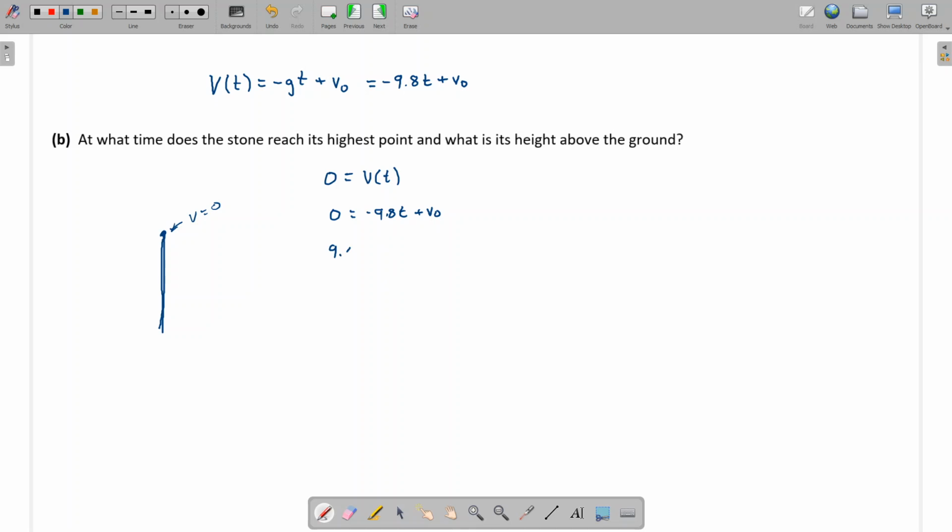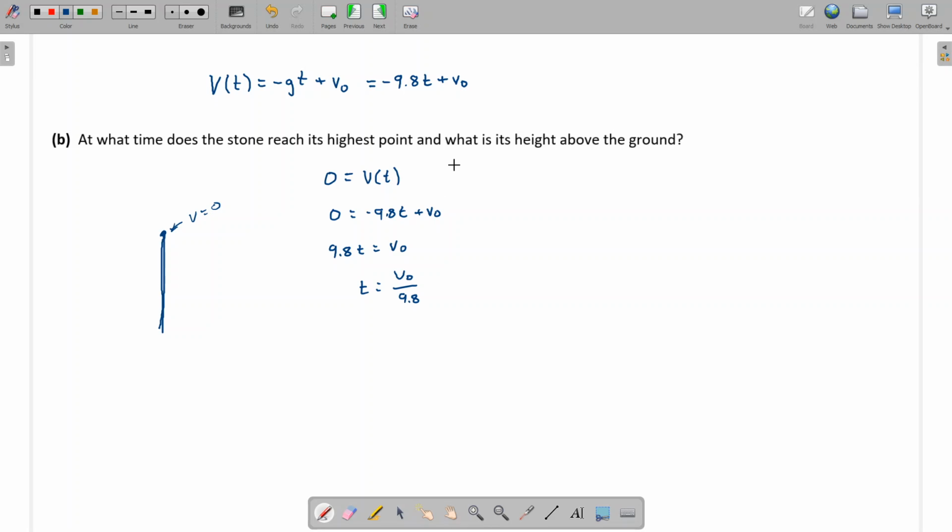Solving this, t will be equal to v naught over 9.8. So as long as there's no wind resistance, if you shoot an object straight up, the amount of time until it hits its highest point will be the initial velocity divided by 9.8.